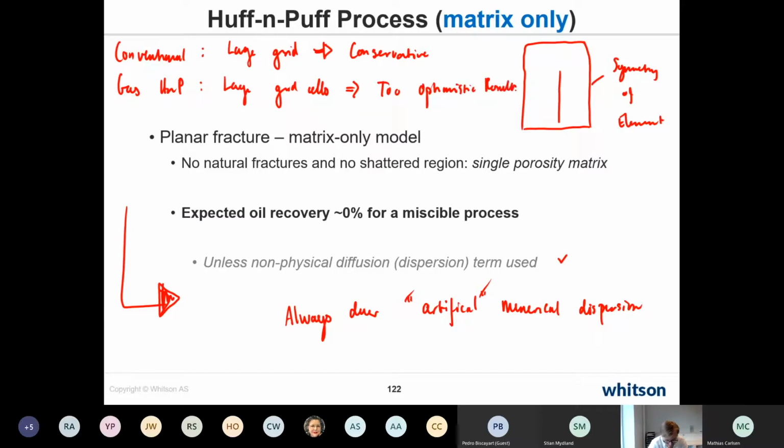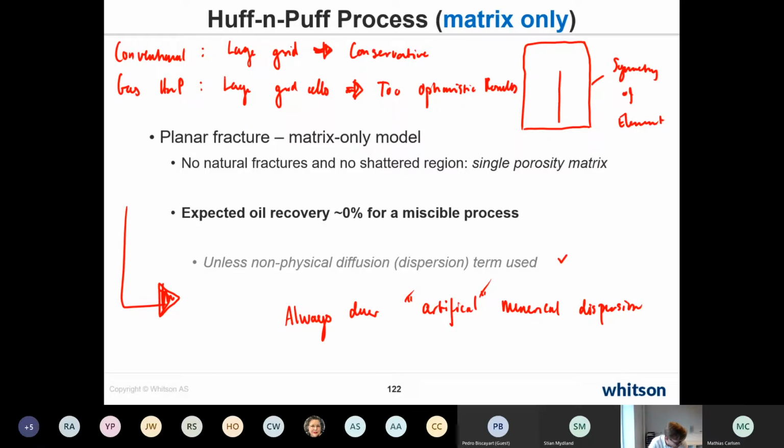That's why it's extremely important to do what we call a grid sensitivity study before you do the final simulation run, such that you know that your simulator, and I guess the equations that it solves, has actually reached a converged solution.